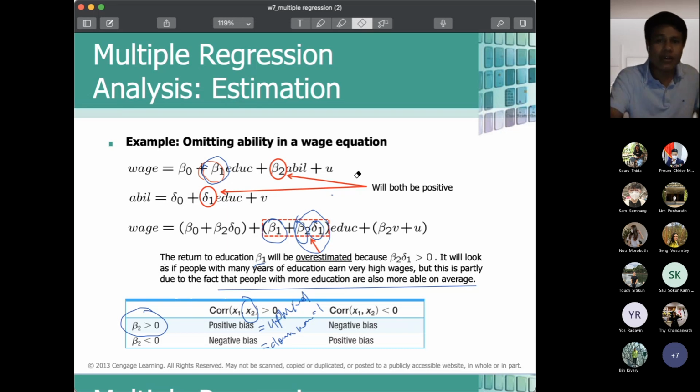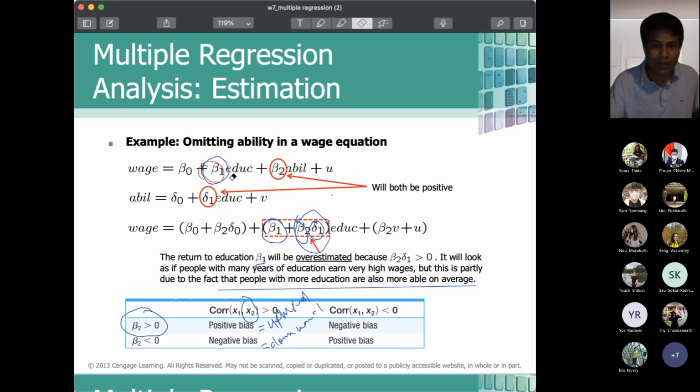Let's say this is the true model. But unfortunately, because of data, we cannot include ability. So we estimate this model where wage only includes education, not the full model. So in this case, if we include ability, we will obtain delta 1.